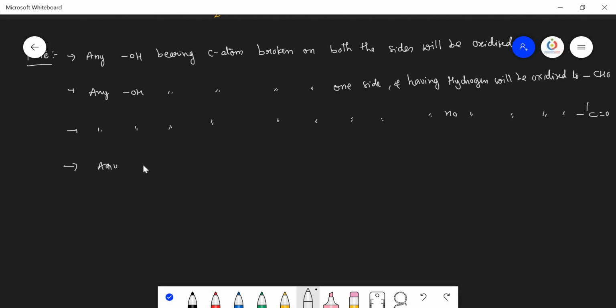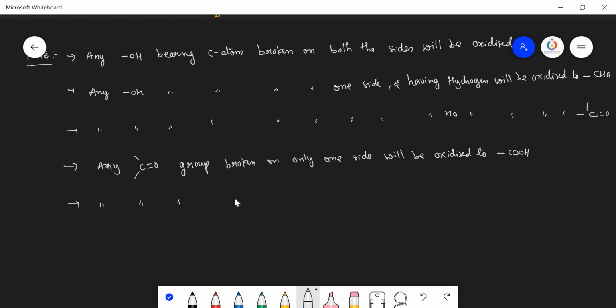And next, here only I will write one more point also. Any C double bond O group, if the carbon bond is broken on only one side, will be oxidized to carboxylic acid.